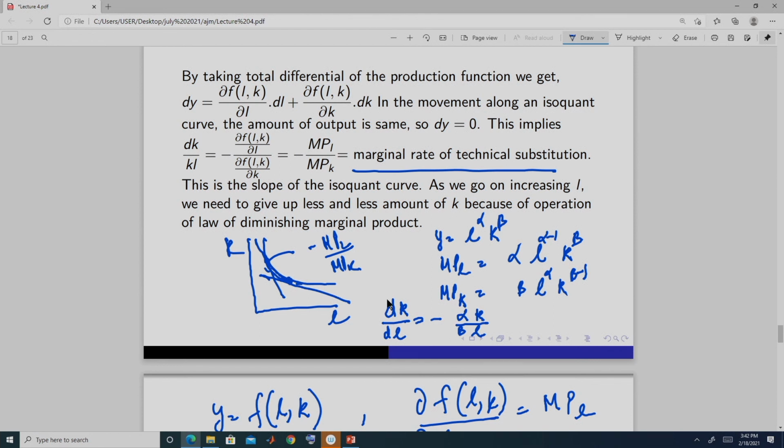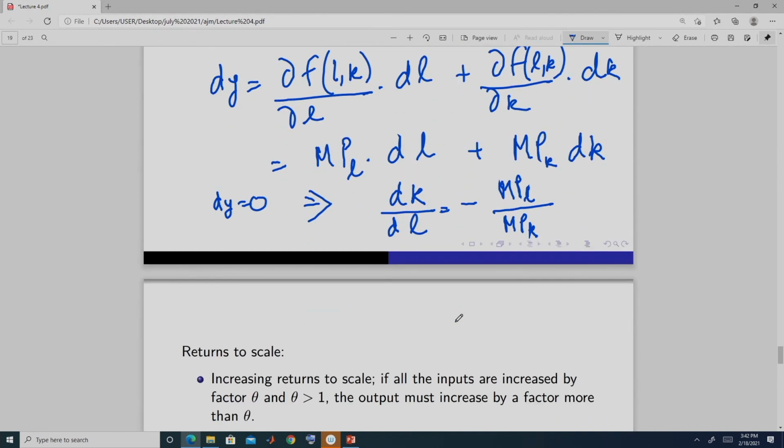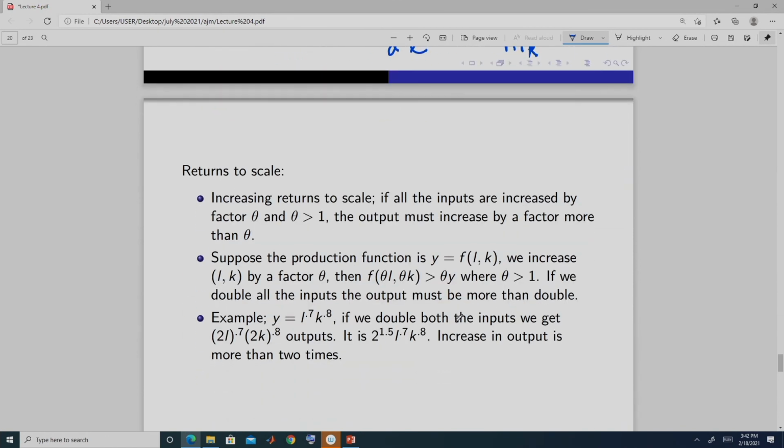The negative sign is mainly implying here that as we increase labor, capital has to be decreased, so a negative relationship. But if we simply look at the absolute value, then we see that it will go on decreasing. Okay? This is the main idea here. Now, we do another concept, and that is returns to scale.